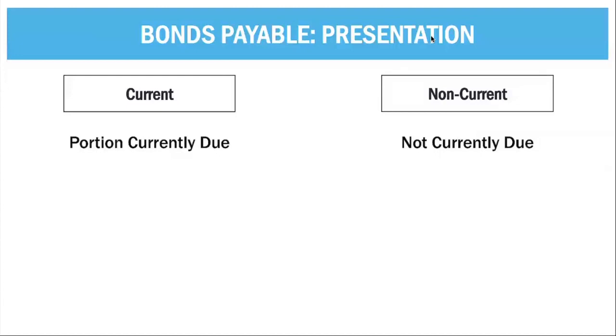Generally, as we said, we have either term or series bonds. In a term bond, it will only be current if the payment is within 1 year. For example, we have a 5 year bond.